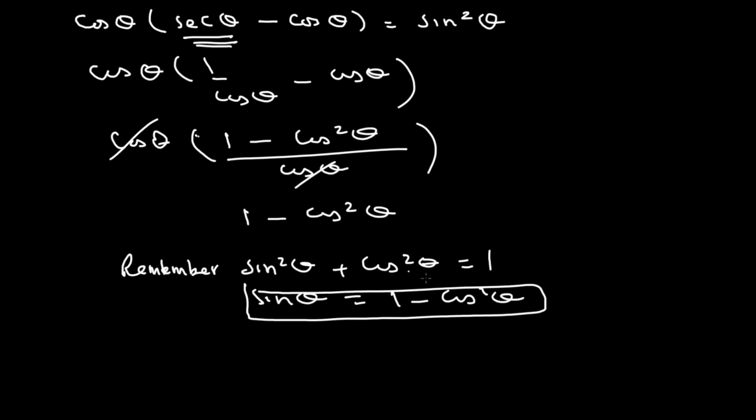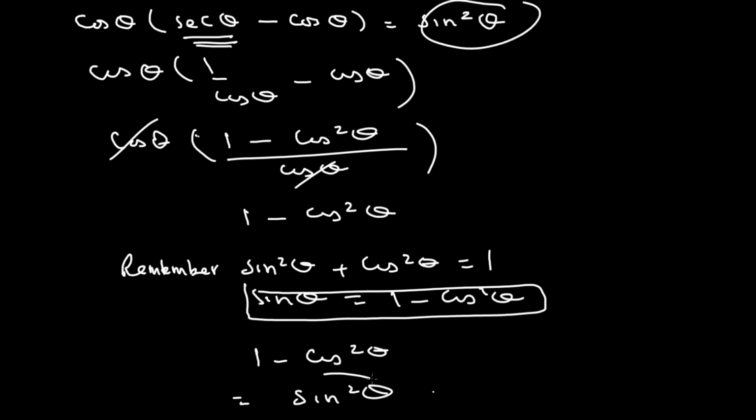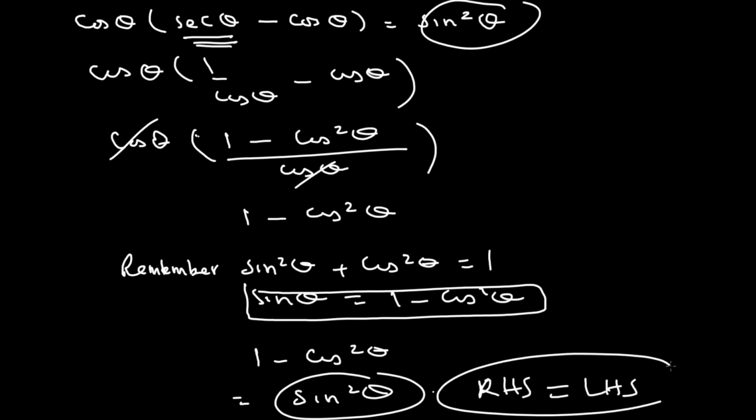So we're at this stage, so we can take this and replace into there. So we can say now 1 minus cos squared theta is the same as sine squared theta. And then we can check the right hand side is the same. So we can say right hand side is the same as left hand side. So we've proved our identity. Okay, let's go to another one.